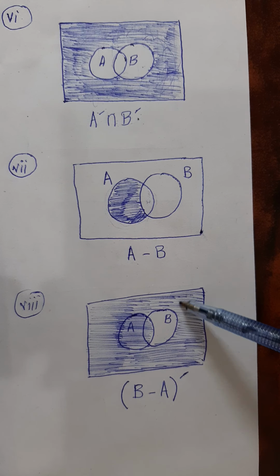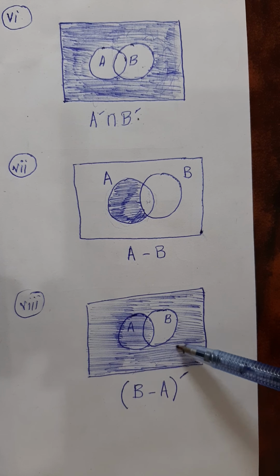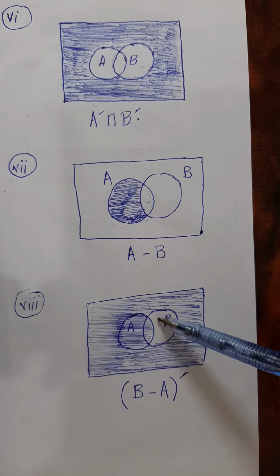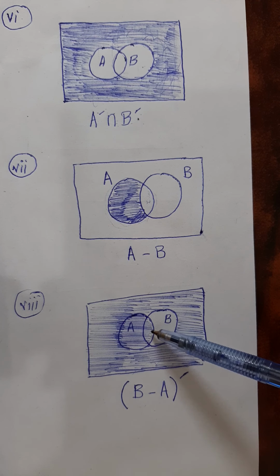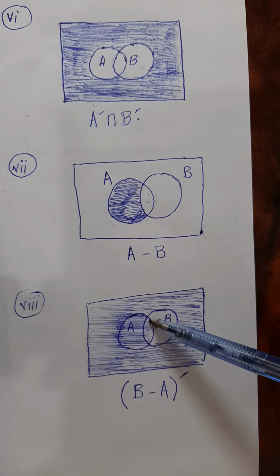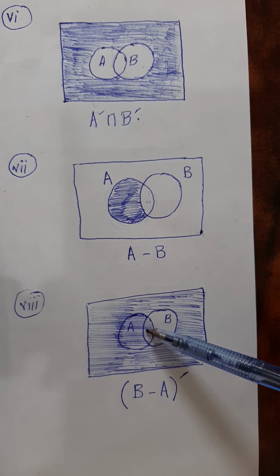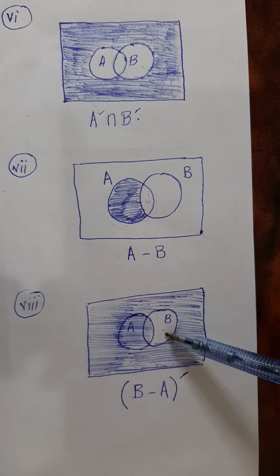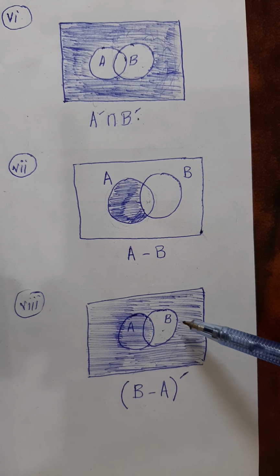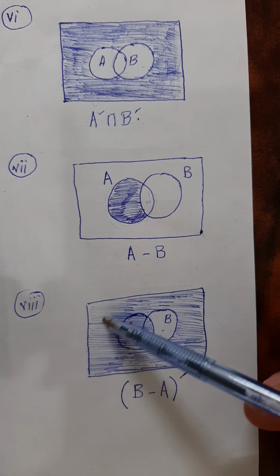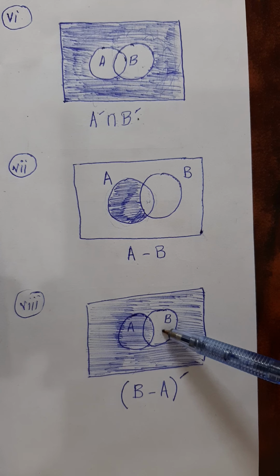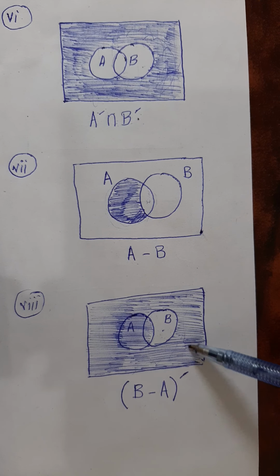Now this shaded part is the complement of B minus A. In B minus A, we have subtracted the section of A which was overlapping with B. So this white part which is not shaded is B minus A. However, we have to give the answer for this shaded area, and because this shaded area is other than B minus A, hence this is (B minus A) complement.